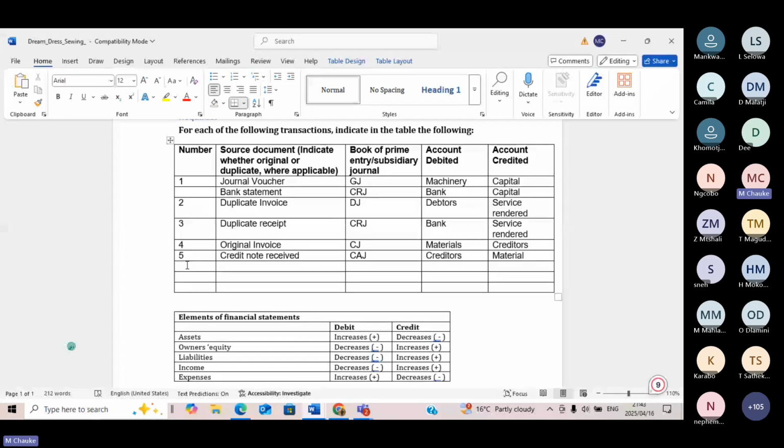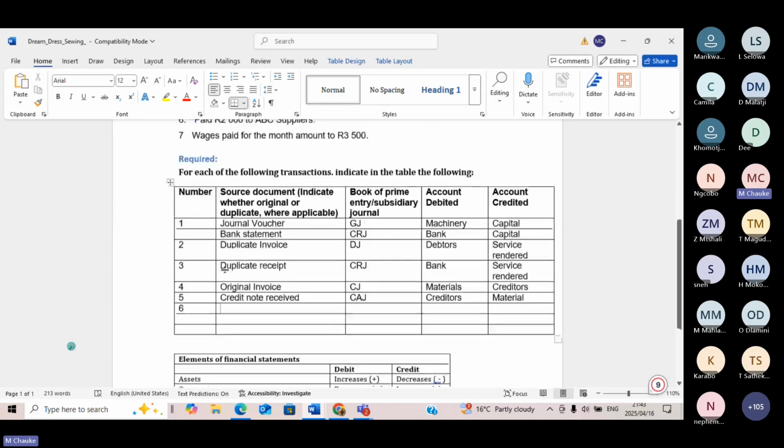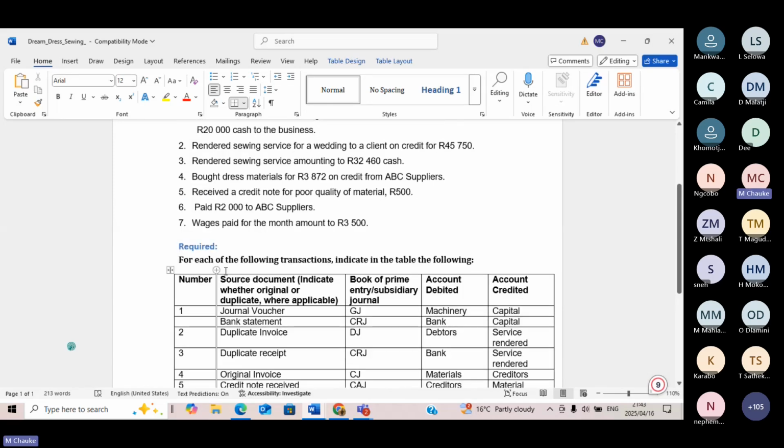And then transaction number 6. Let's see what they are saying there. Transaction number 6, they say you paid 2,000 rand to suppliers.